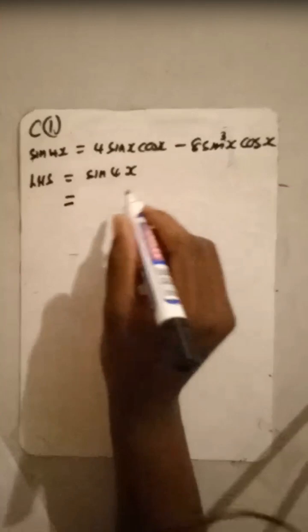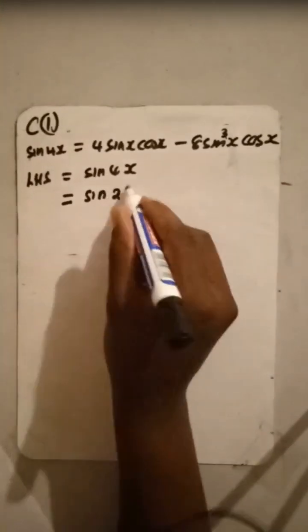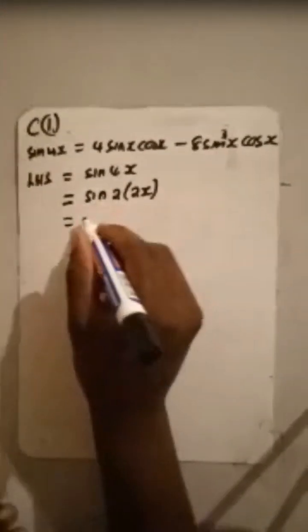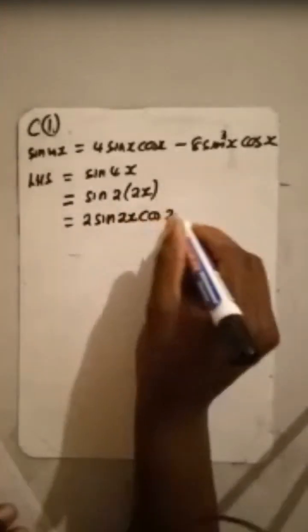From my knowledge, sine 4x can be a double angle. It is the same as sine 2 multiplied by 2x. On expansion, sine 2 multiplied by 2x is the same as 2 sine, where the angle is not x but 2x, then cos 2x.